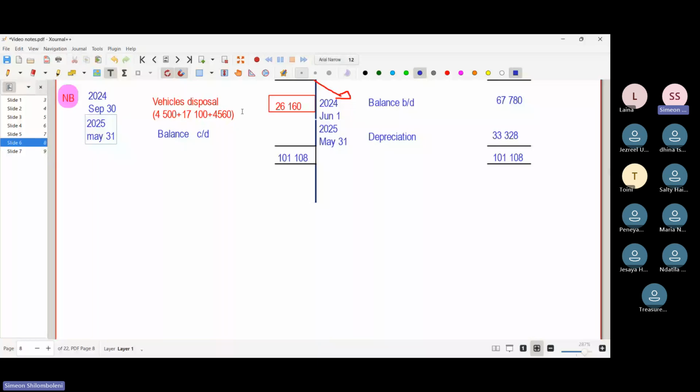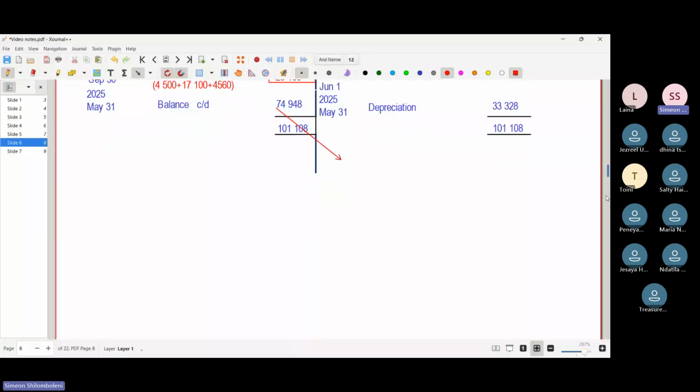And how much is our balance carry down in this case going to be? 74,948. Remember, you won't be marked if you only end there. You have to bring down this balance to the next year. We already know how to bring it down, so we are not going to waste any time.